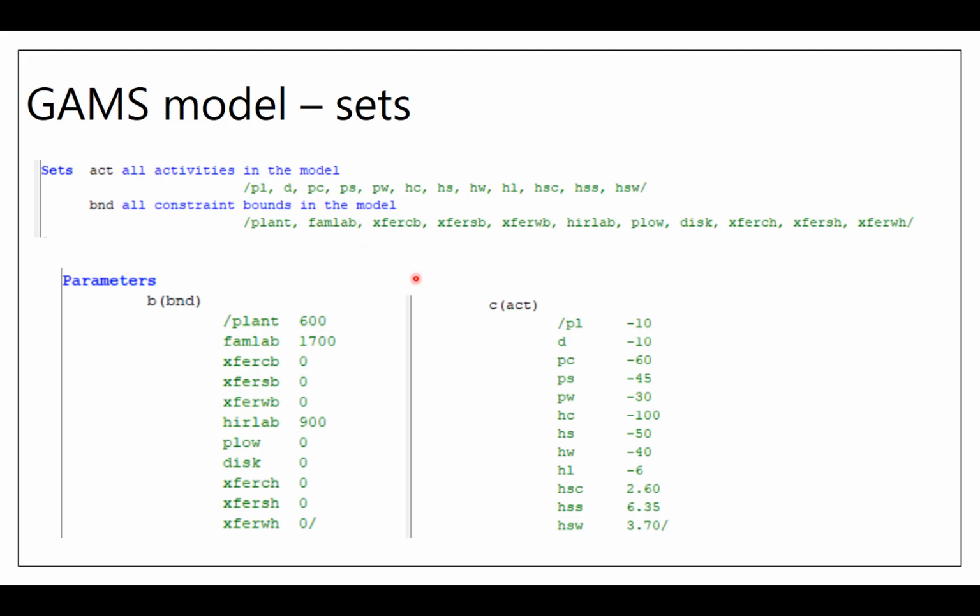For the activities, we need to set up the C, this is C sub I, or in this case, C for all the activities. This is the objective coefficient. And so we just list all of the activities here. So plowing, disking, planting, harvesting, etc. So we have all the cost of activities here, and then the returns for the bushels that we can sell.